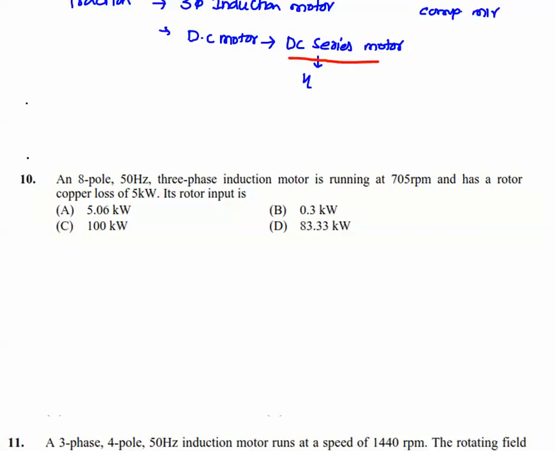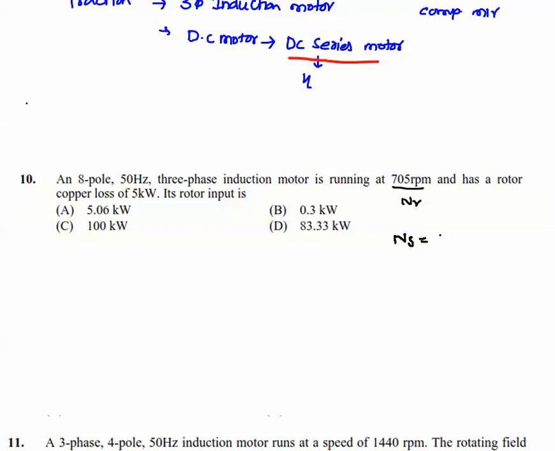And the next question here: an 8-pole 50 Hz 3-phase induction motor is running at 705 rpm. This speed is the rotor speed, and it has copper losses of 5 kilowatts, and its rotor input is. First of all, what is the synchronous speed of this induction motor?